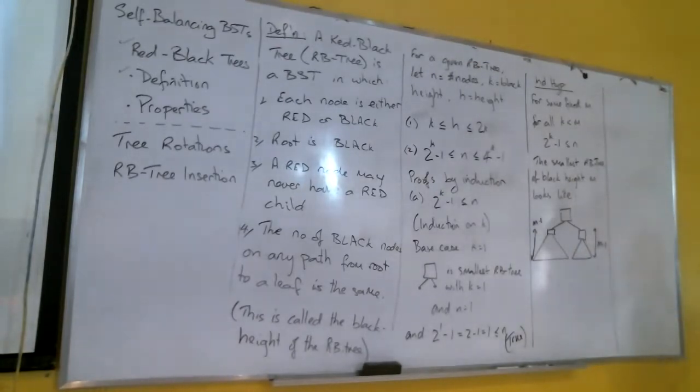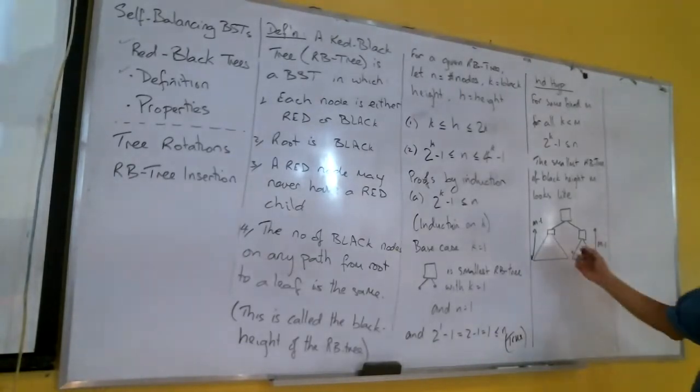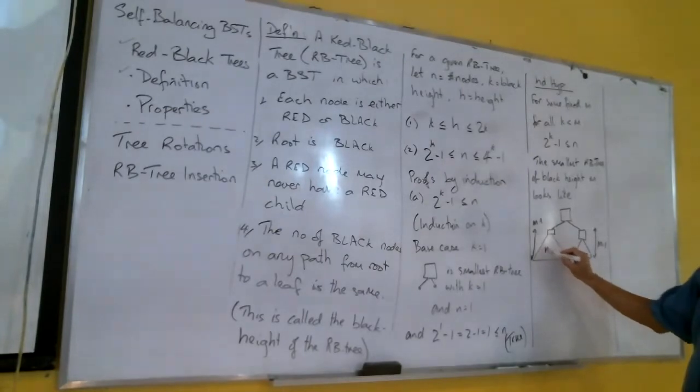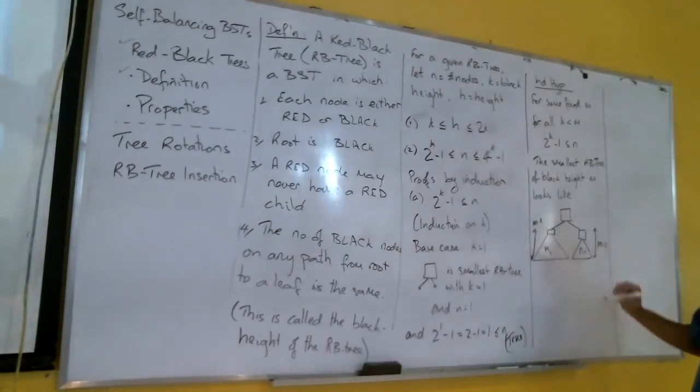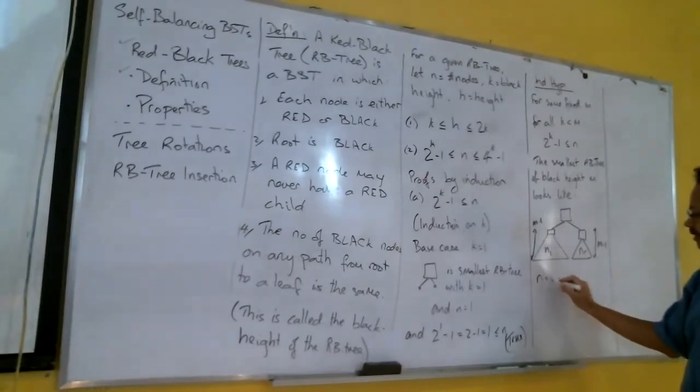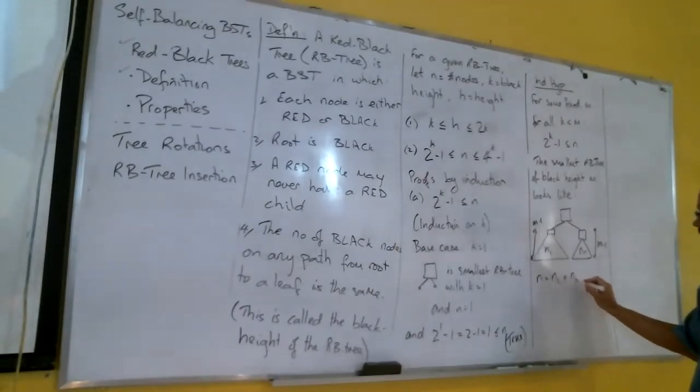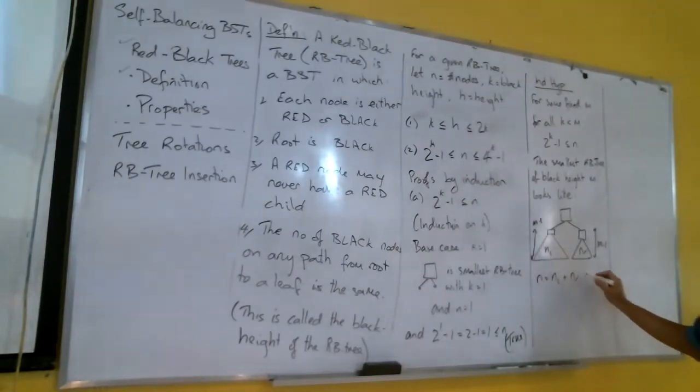Okay, so now I need to talk about the total number of nodes in this tree. All right, so let me call this side NL and this side NR. If my total number of nodes is n, I could write that n is equal to NL plus NR plus 1 for that root.